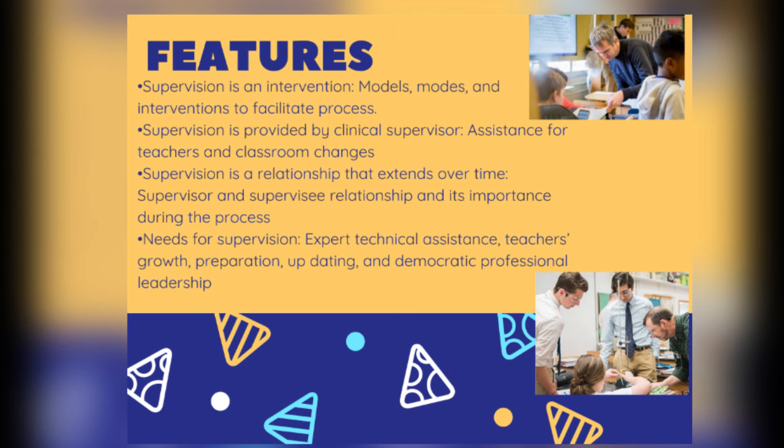The fact that supervision is ongoing allows the relationship to grow and develop. So the importance of the supervisory relationship has received more attention in supervision literature. And finally, we have need for supervision. Supervision is needed to provide expert technical assistance, teachers' growth, teachers' preparation for learning, teachers' updating, and democratic professional leadership.